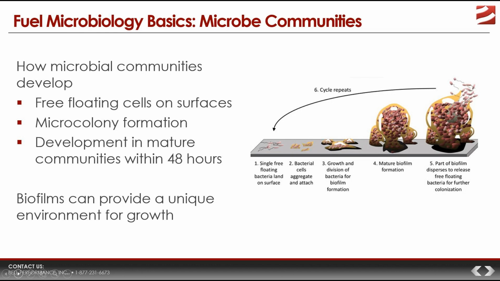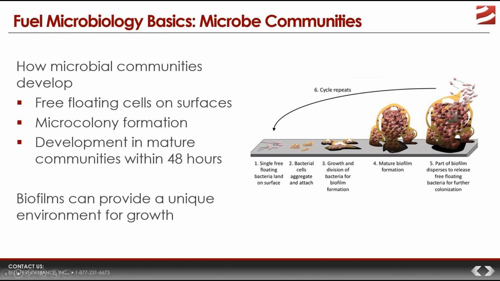So what generally tends to happen is you'll have one free-floating cell, also referred to as a planktonic cell, in liquid. It goes out and finds a surface to settle on, and it settles there, and then it secretes adhesive substances that help it stick to the surface, and then it starts reproducing. How fast it reproduces depends on what it is, but it's going to form a microcolony.